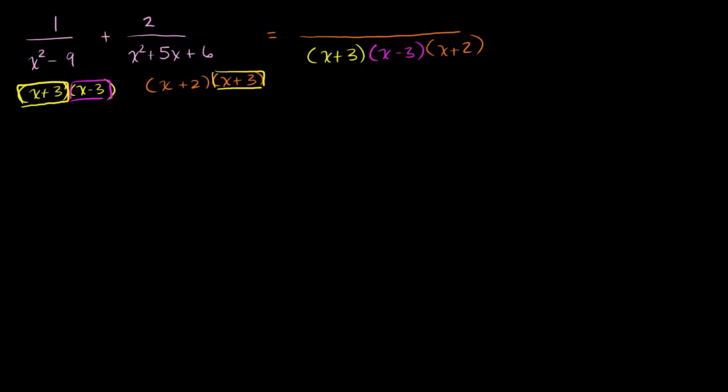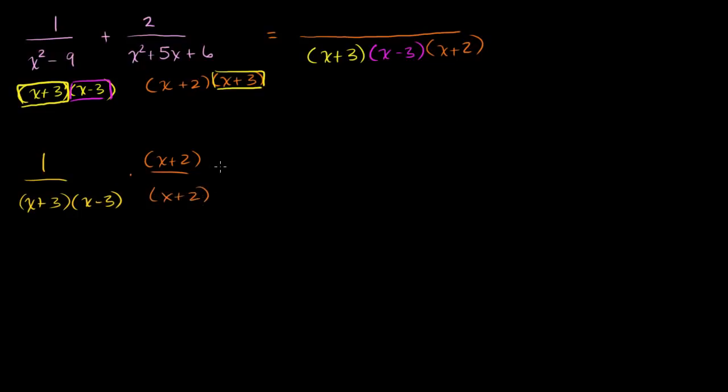Well, let me actually rewrite this a little bit. If I start with 1 over x plus 3 times x minus 3, which is the exact same thing as 1 over x squared minus 9, and I want an x plus 2 in the denominator, I have to multiply the numerator and the denominator by x plus 2.